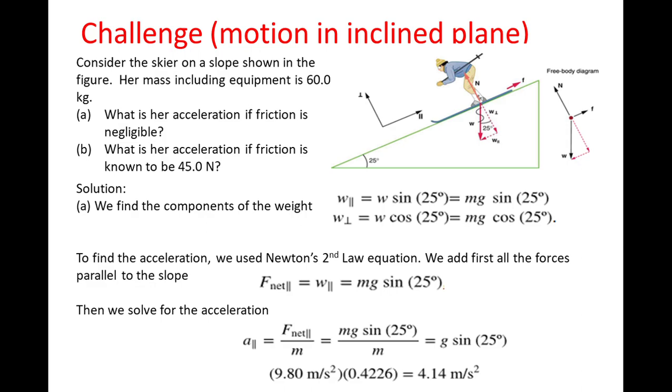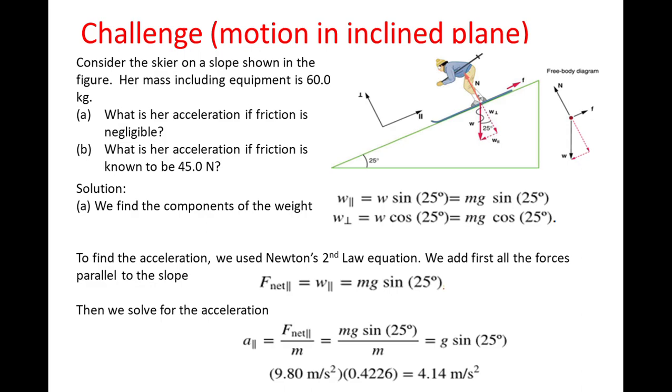Given that the plane is inclined 25 degrees, we can calculate the component of the weight that is parallel to the plane and the component of the weight that is perpendicular to the plane. That is, the component of the weight that is parallel to the plane is just the magnitude of the weight, mass times acceleration due to gravity, times the sine of 25 degrees.